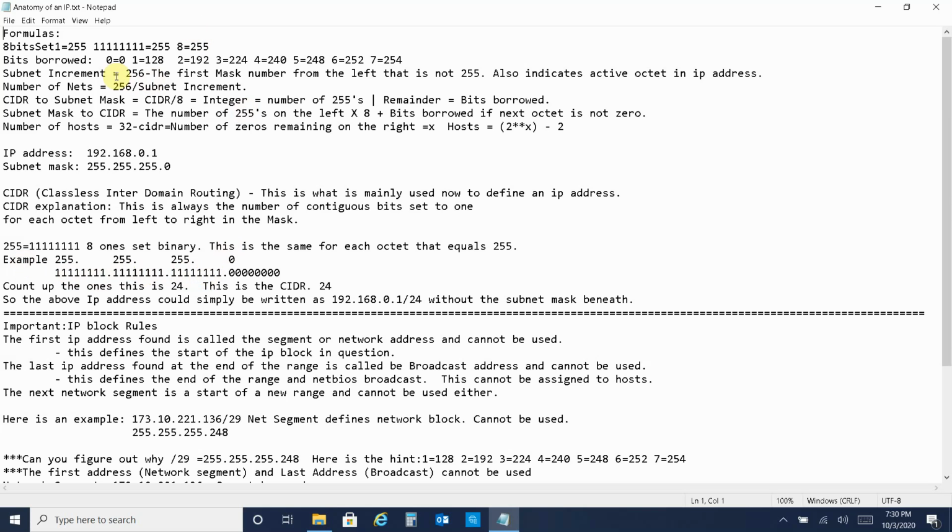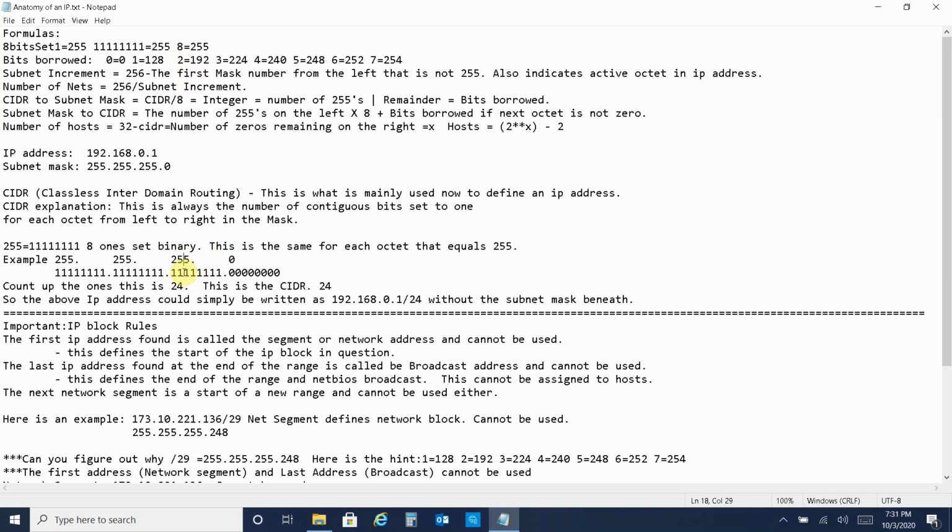All right, this is where our bits borrowed, one of the most important things you can memorize, comes in. So what if you had, for example, 255, 255, and say you had 192 here instead of 255. You go up to here, that says you're going to have 2 ones, which means you're going to have these 2 right there, and then the rest are going to be zeros.